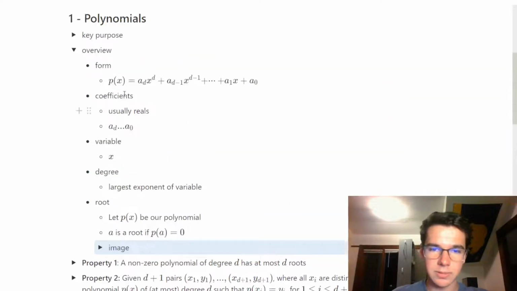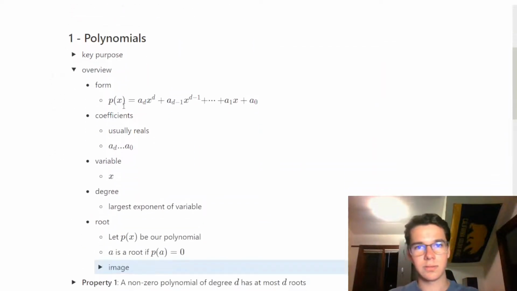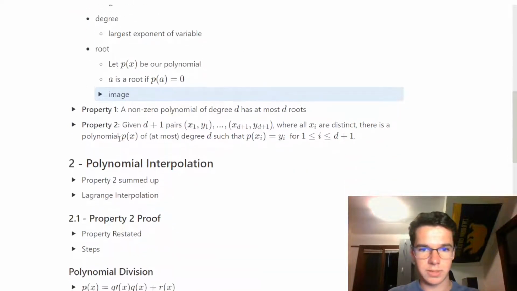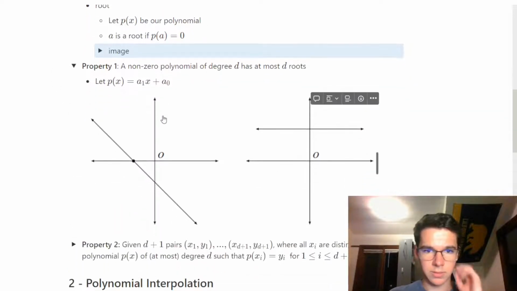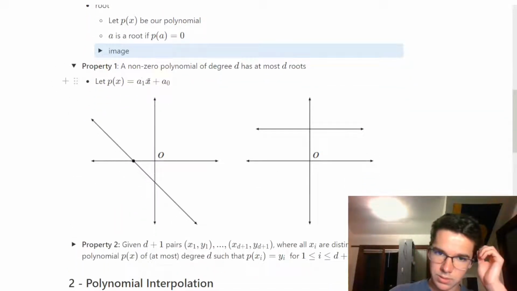And there are two properties that we're going to deal with in this note that are really going to help us, especially in the mod space. The first one states that a non-zero polynomial of degree d has at most d roots. So, for example, take a polynomial of degree 1.